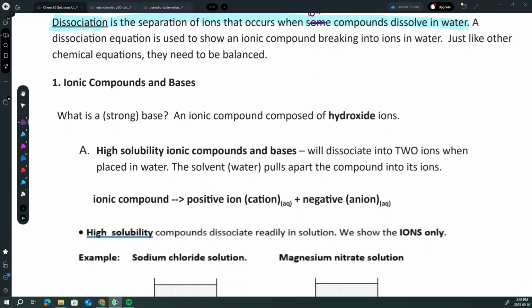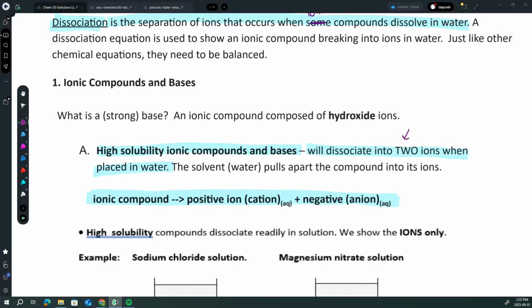So for high solubility ionic compounds and bases, they're going to dissociate into two ions. It's always two. It's never more than two, just two. The two ions that are going to be produced when dissociation occurs are the cation and the anion, so the positive ion and the negative ion. So there's a nice little dissociation equation right here. Okay, so let's write a note.